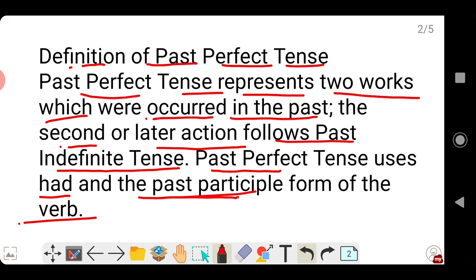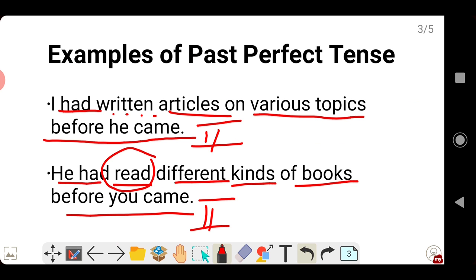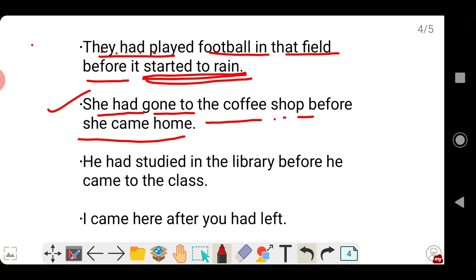This is a very important point: the second half of the sentence is in the simple past tense. That is the only thing you have to take care of. Past perfect tense uses had plus the third form of the verb. Please see the examples very carefully and use them accordingly.